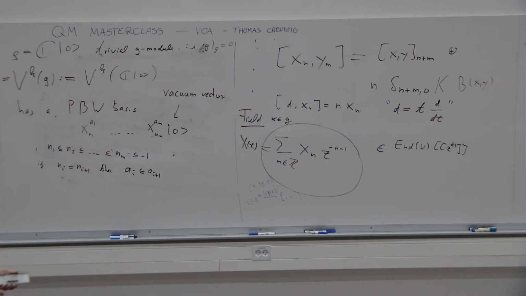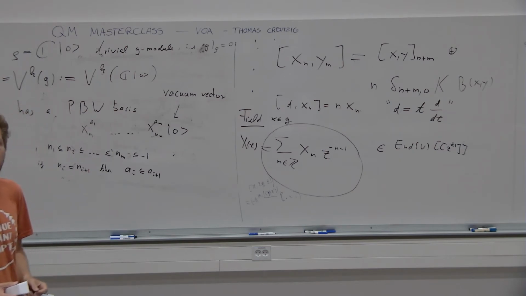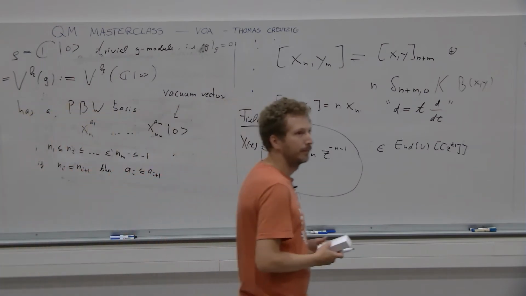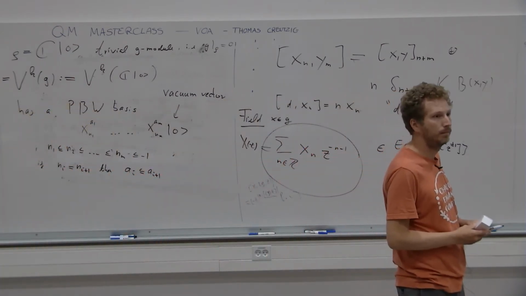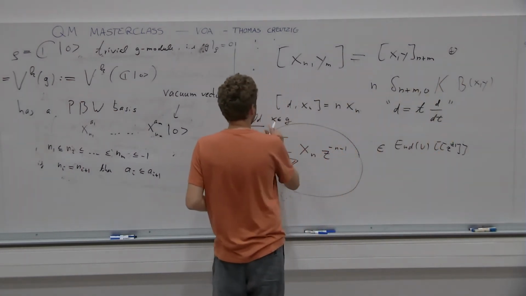Okay, now we do a computation, namely we compute the commutator of two such fields. I don't understand. How do you multiply such things? Yeah, this is what we will now explore. Sorry, so the definition of a field is just an element of G? No, a field, yeah.